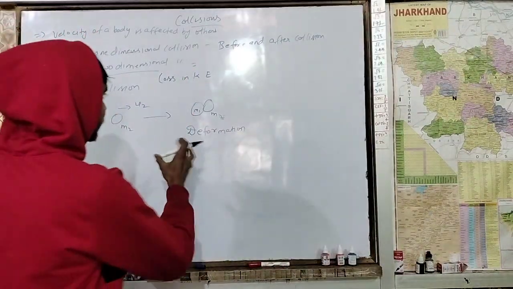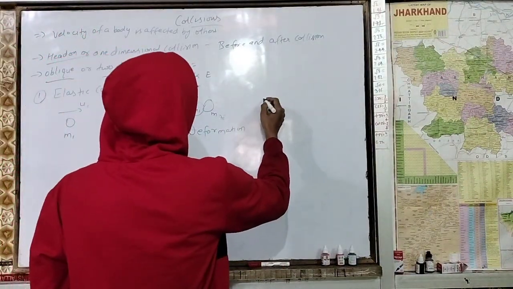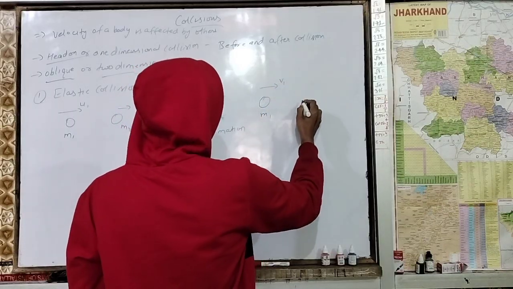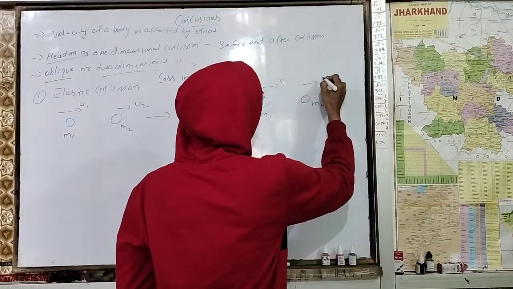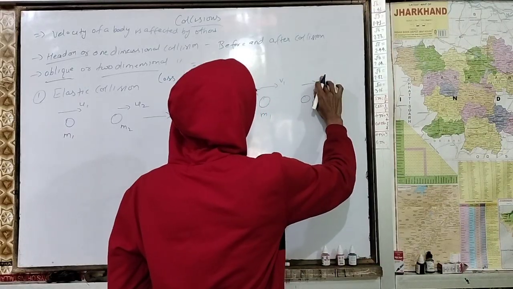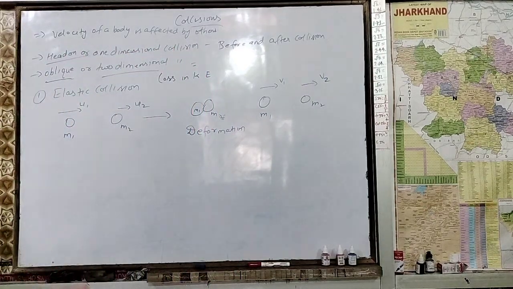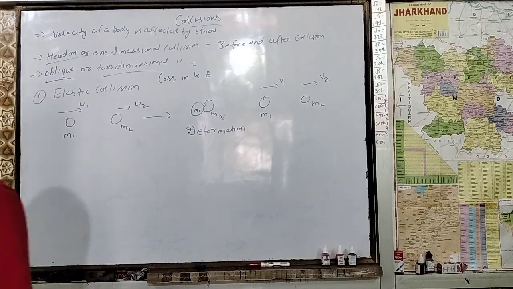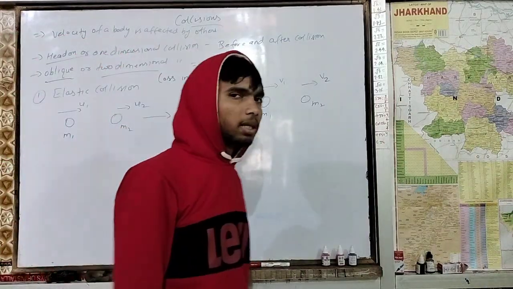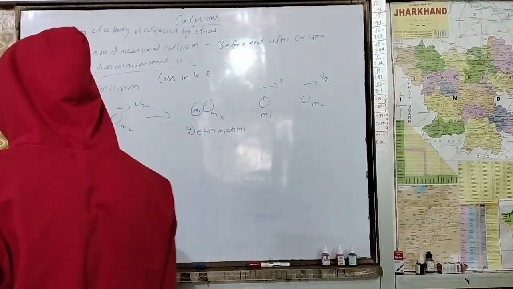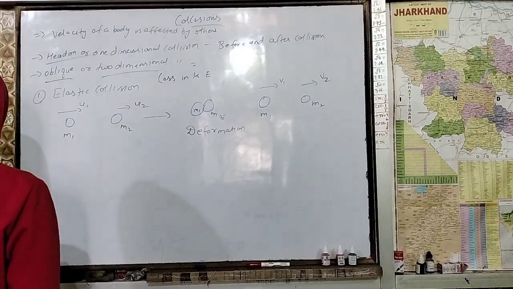Collision will happen, and after collision m1 will move with another velocity, and m2 will move with some other velocity. Velocity changes after collision. This velocity can be more or less. This is known as elastic collision.